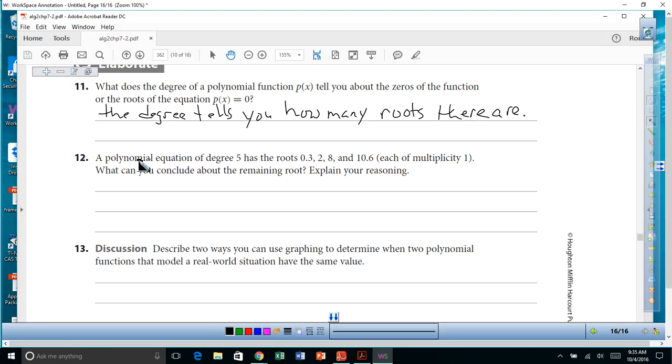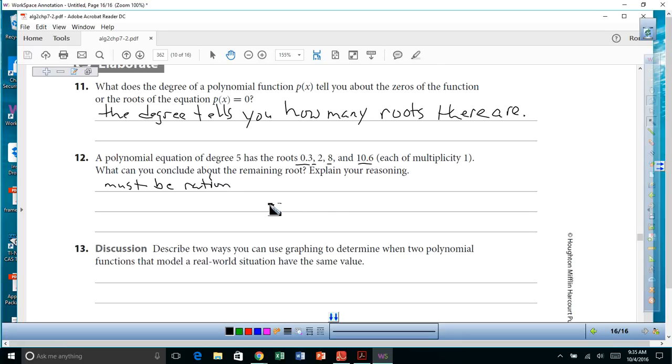All right. Number 12. A polynomial equation of degree 5 has roots 0.3, 2, 8, and 10.6, each with a multiplicity of 1. So that's 1, 2, 3, 4. What can you conclude about the remaining root? Well, it must be rational. How do I know that?